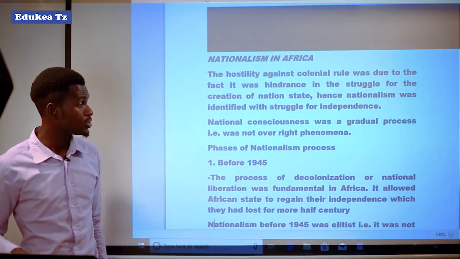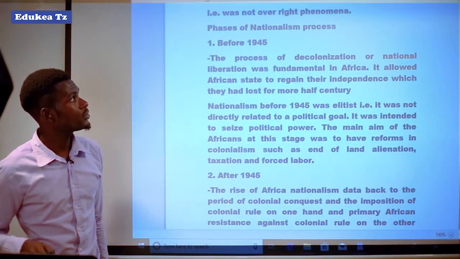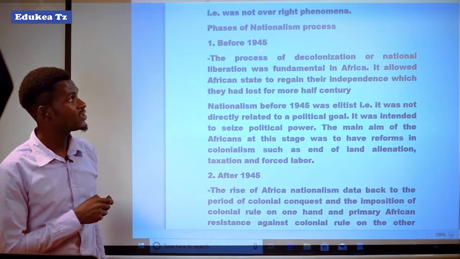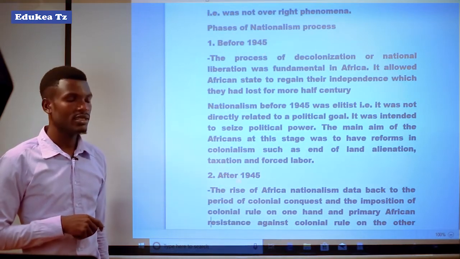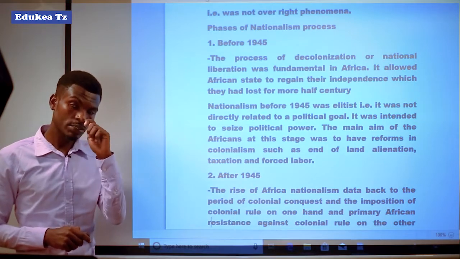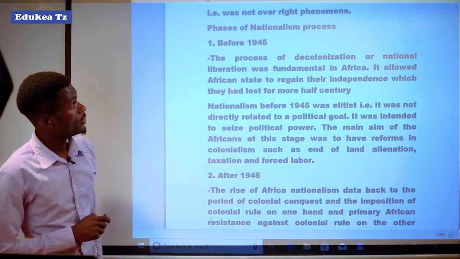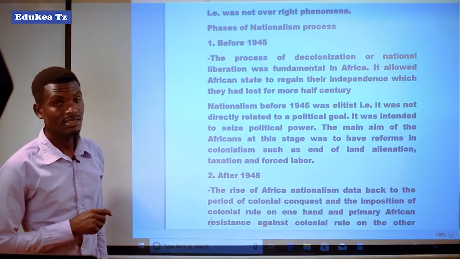African nationalism passed through two phases, which were before 1945 and after 1945. So the first was before 1945.